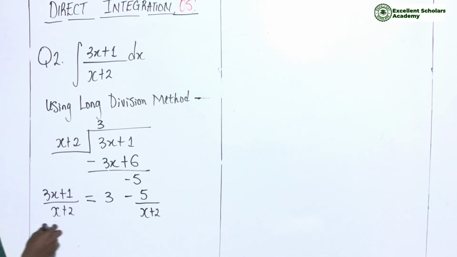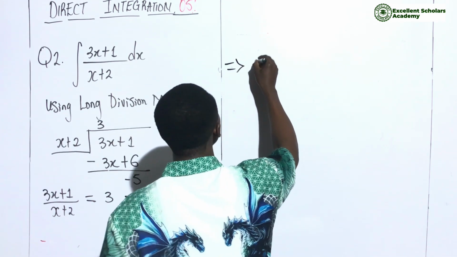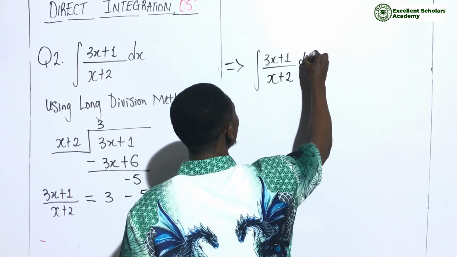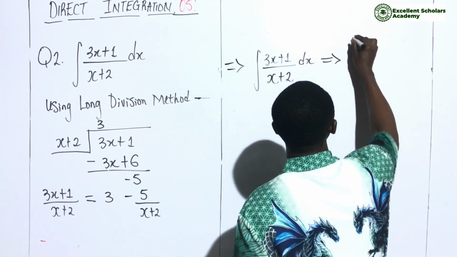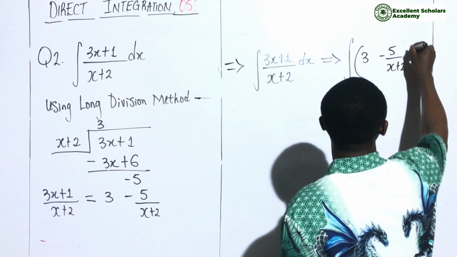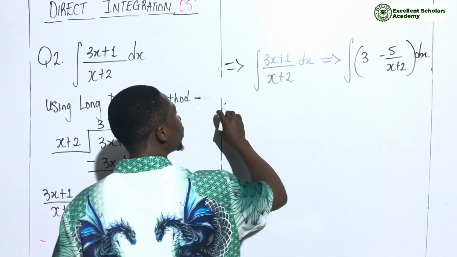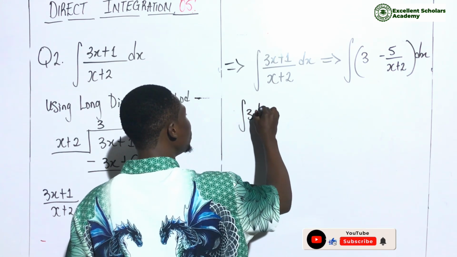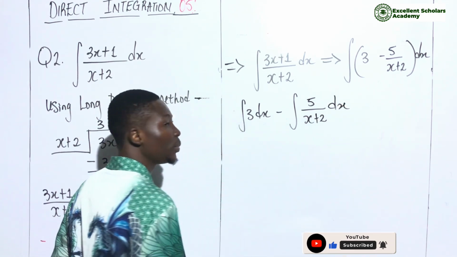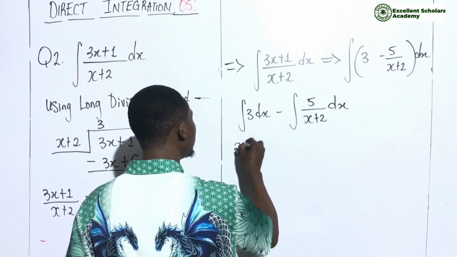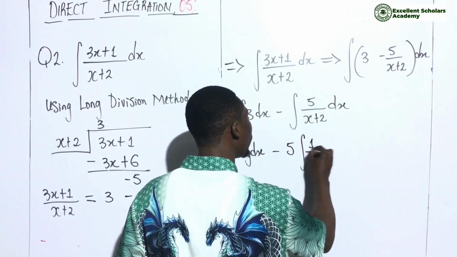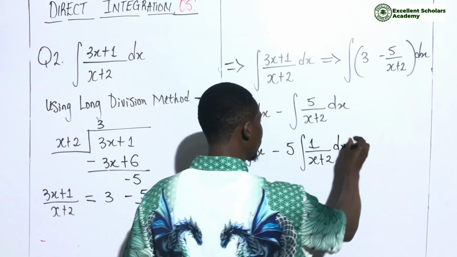So that implies that the integral of 3x plus 1 over x plus 2 with respect to dx can be written as the integral of 3 minus 5 over x plus 2, all with respect to dx. So now this becomes the integral of 3 dx minus the integral of 5 over x plus 2 dx. Take out your constants, becomes 3 integral of dx minus 5 integral of 1 over x plus 2 dx.